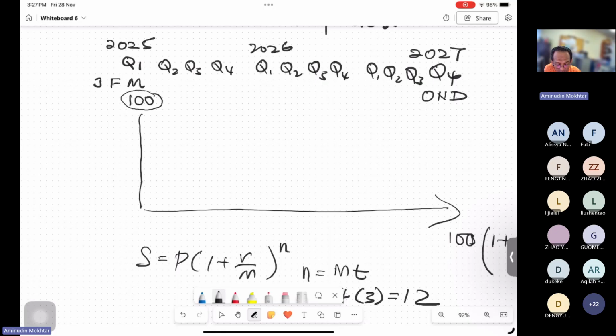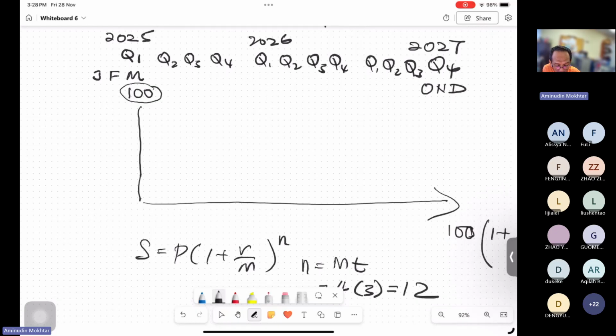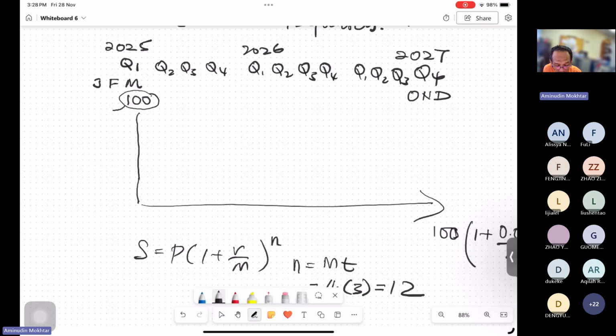Why? Because the first 100 is deposited at the end of quarter one. In order to receive the full interest for the first quarter, the first 100 should be deposited early, at the 1st of January.